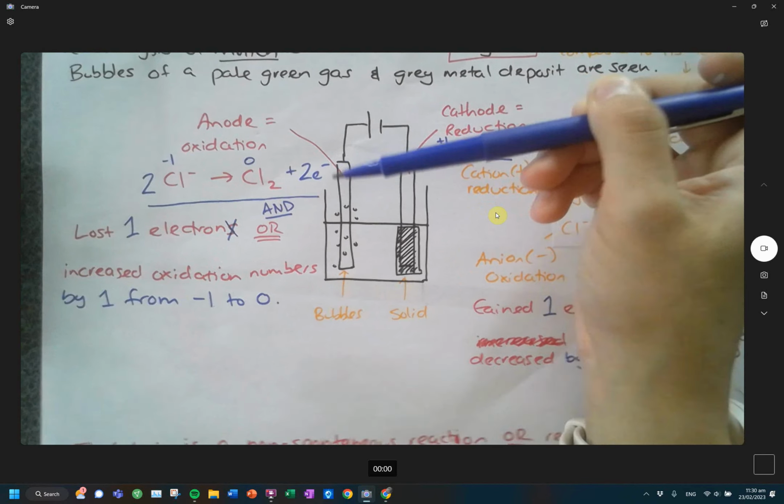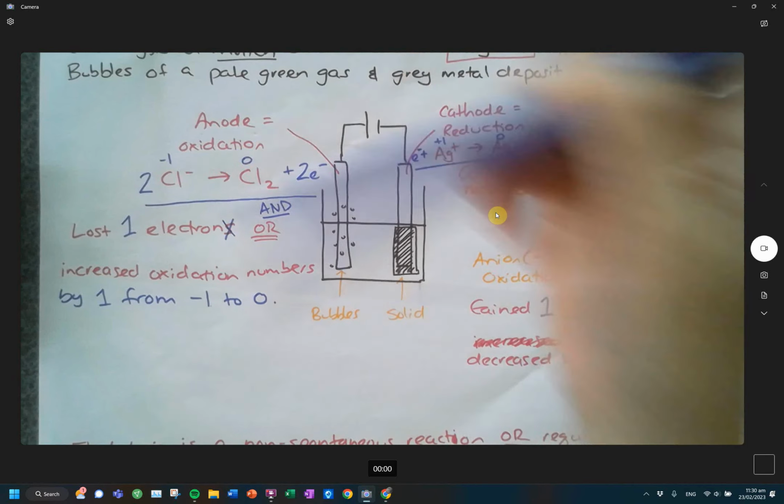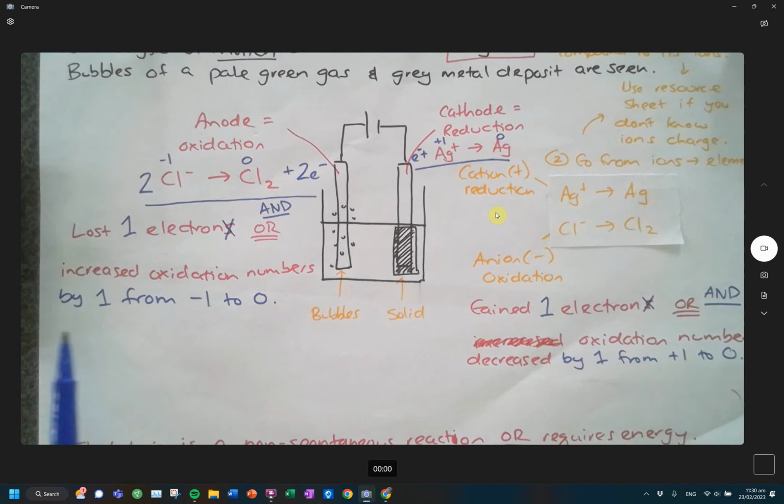The reason is because there's 2 chlorides. So be mindful, whenever we're talking about oxidation numbers and electron numbers, we're referring to 1 atom. Not the total, but the total needs to be shown in the equation. So for the merit, you need to have the half equations. Okay?